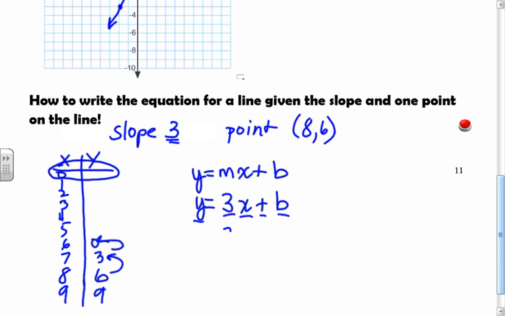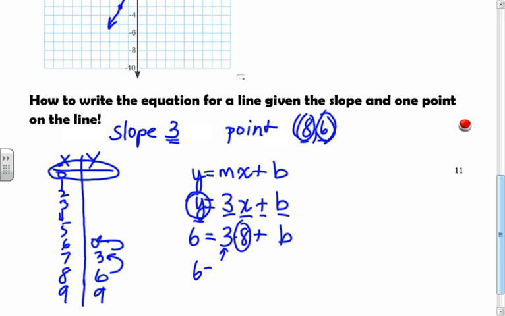So if this point is on the line, if I take 3 times 8 plus some number, it has to equal 6. The y value. Notice I got the y value right there, and the x value right there, and the slope I got because we were told the slope is 3, and that goes in front of the x value.